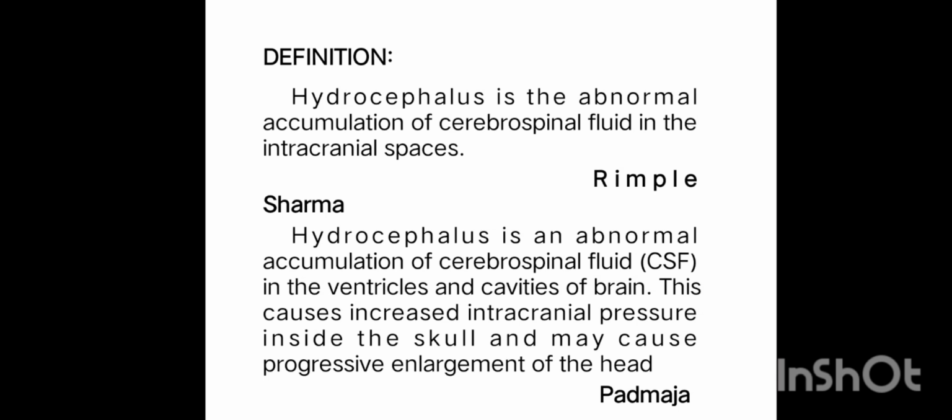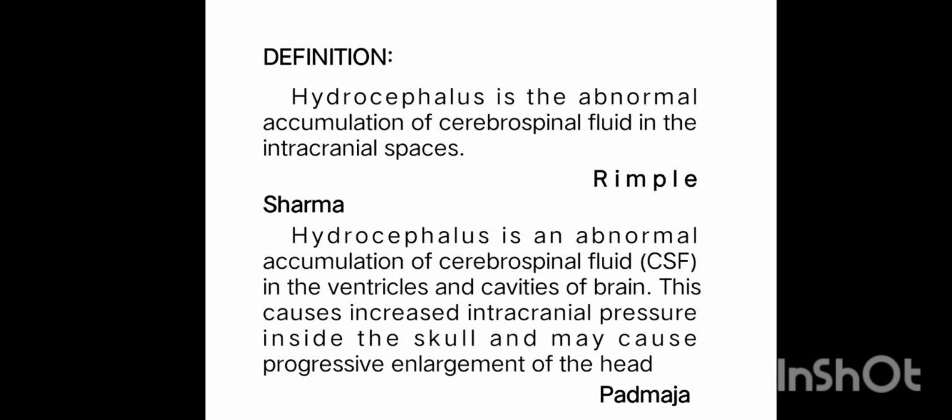So there is accumulation of fluid in the ventricles and cavities of the brain, and eventually it leads to enlargement of the head. This condition is known as hydrocephalus. So where is it being accumulated?